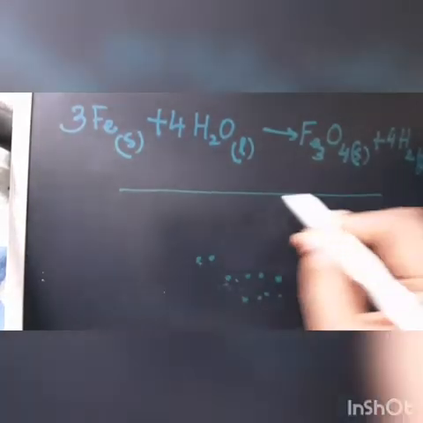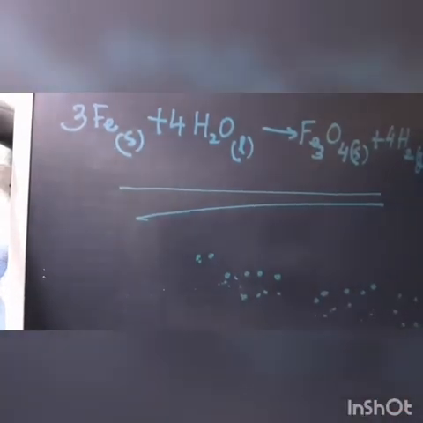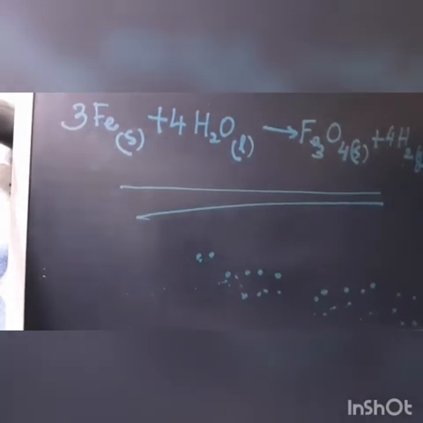So this is a balanced equation. This is how you balance an equation. This is a bigger one. Let us consider a smaller one where you need not draw the boxes.